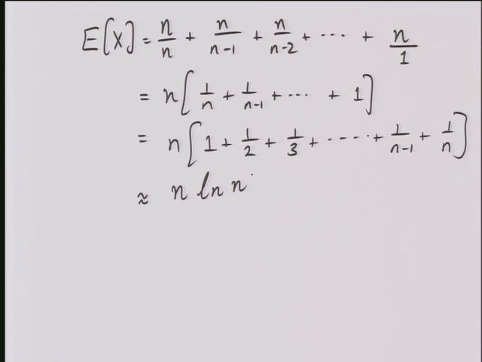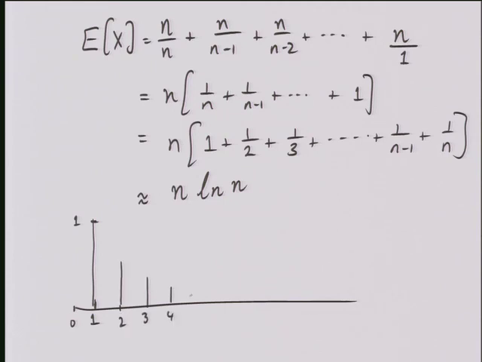One way you can see that this should converge to something like log n is you plot it out. So let's say we start at 1, and here's 2, and we want a half, and at 3 we want 1/3, and at 4 we want 1/4, and so on.